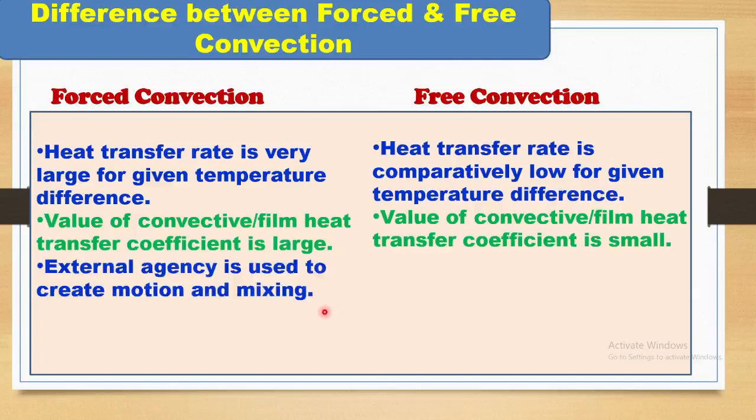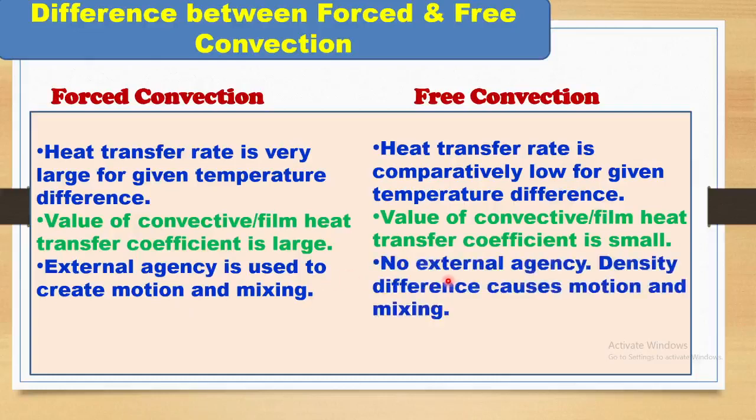An external agency is used to create motion and mixing of the fluid in case of forced convection, whereas in case of free convection, no external agency is used to create motion of the fluid. Rather, density difference in the fluid causes motion and mixing of the fluid.